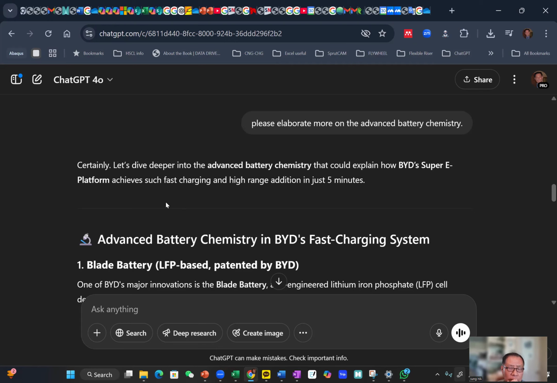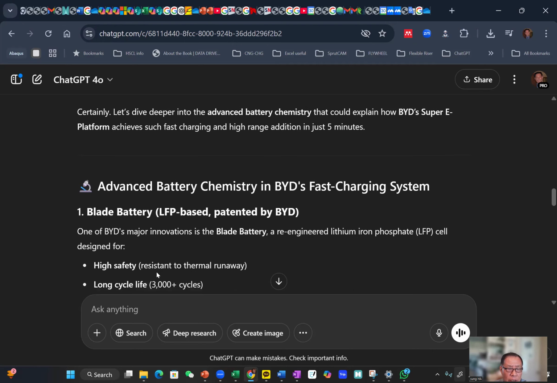Now, battery technology has been getting better and better, and then we need to understand how the battery can be developed in a way to allow faster charging. So, this is the important aspect.